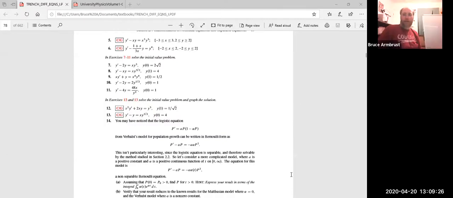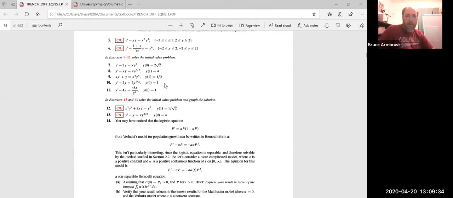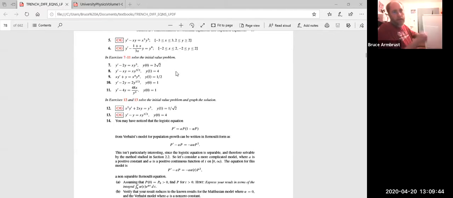All right, so hopefully you see my screen. Are we on the right page here? So number 8, we want to solve this initial value problem, y prime minus xy equals xy to the 3 halves. All right, so let me go ahead and write that down on my board, and then we'll go to the board.